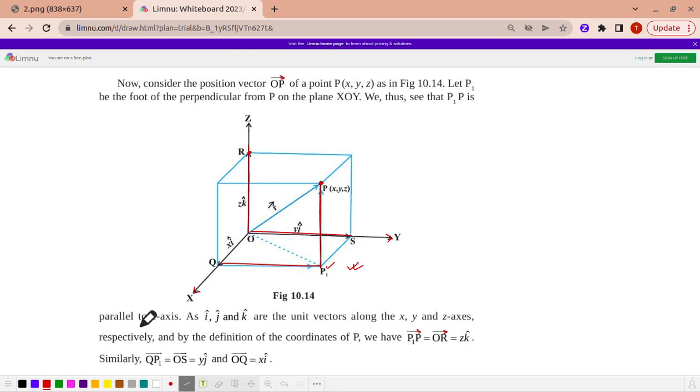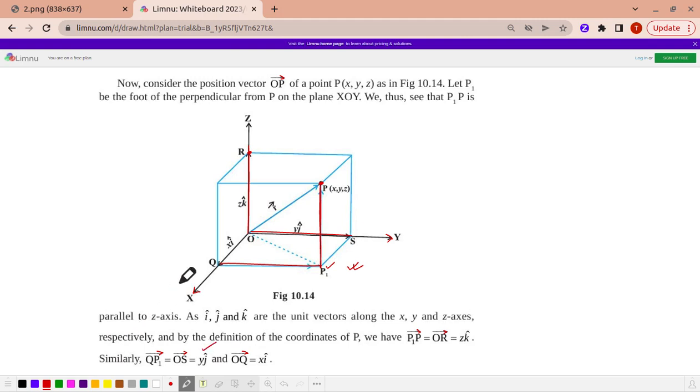So the vector QP1 is exactly equal to the vector OS, which is yj cap, and the OQ vector is xi cap. Correct? The OQ vector is xi cap.